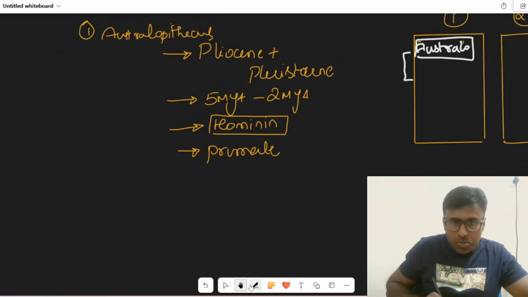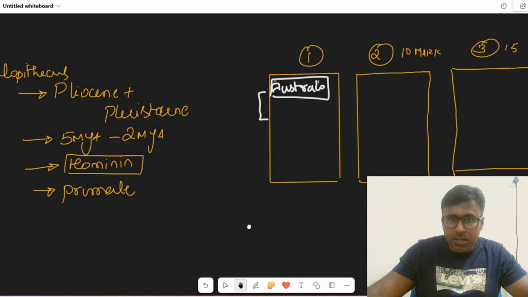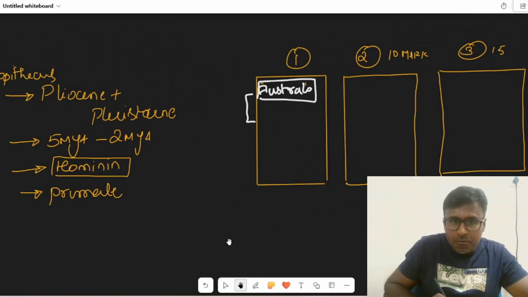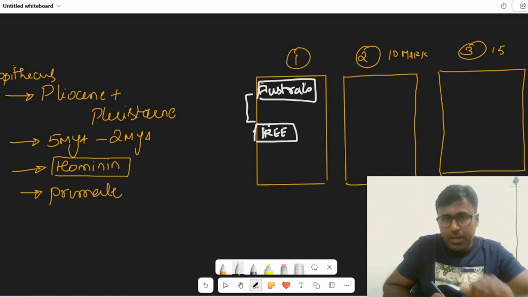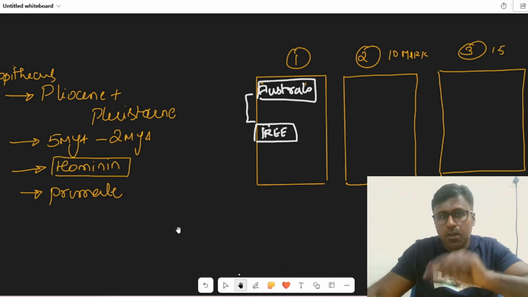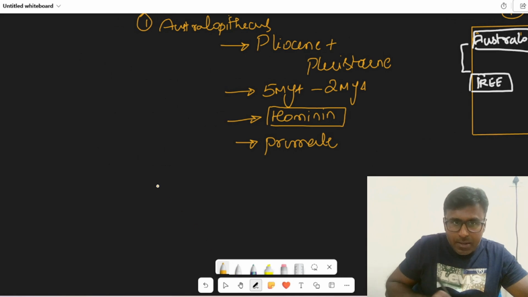Second, what you should write in the answer is the phylogenetic status. In the third episode, on the phylogenetic status, I have made a very clear analysis of how to write that tree.